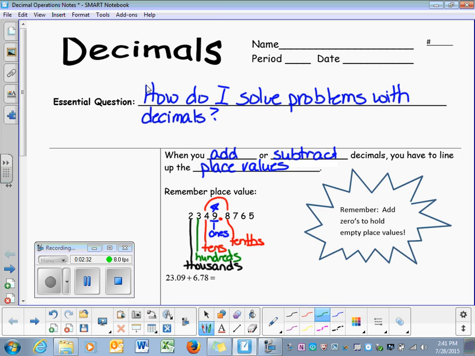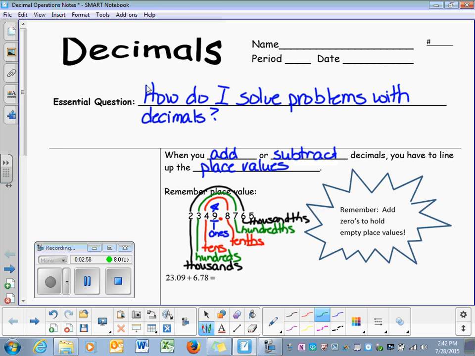Then we have the hundredths. Again, kind of mirroring. Then we have the thousandths. Notice the TH on the end, mirror image, kind of creating a rainbow.